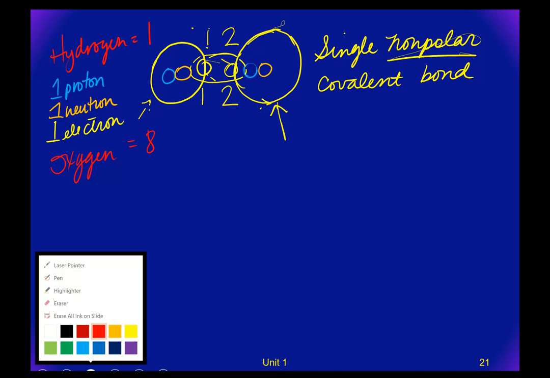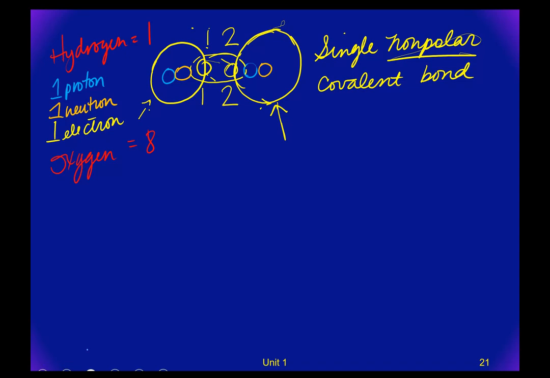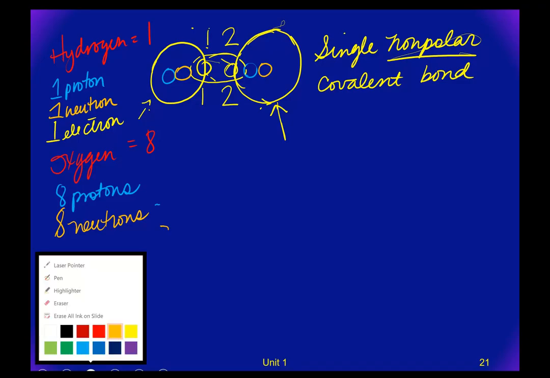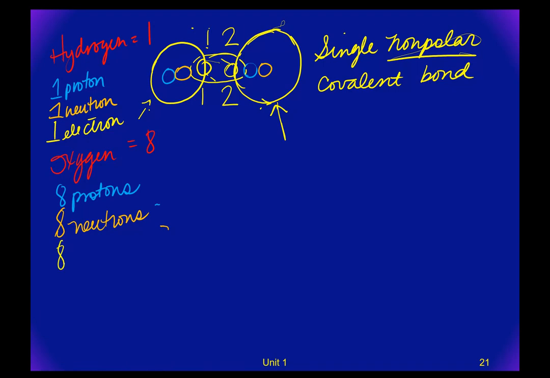So in a perfect world, that would mean 8 protons, 8 neutrons, and 8 electrons.